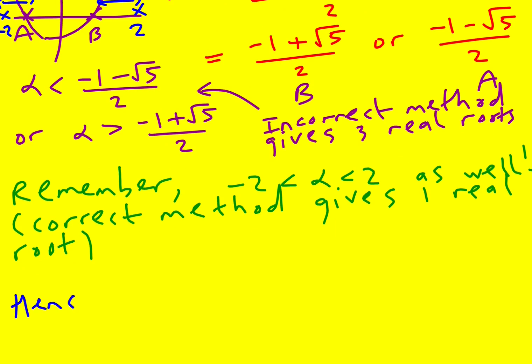Hence, it's going to be minus 2 is less than alpha, but this is less than minus 1 minus root 5 over 2.